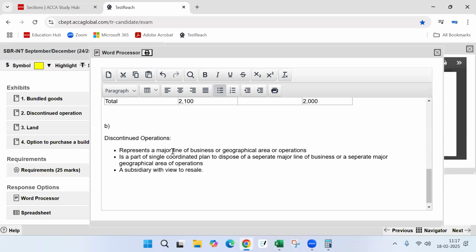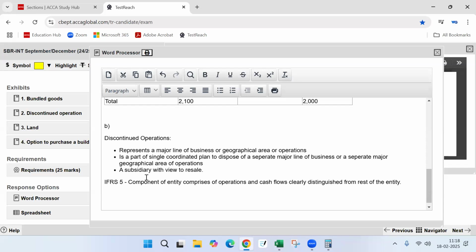So you need to explain each element over here by linking it with the license. As per IFRS 5, a component of an entity comprises operations and cash flows which are clearly distinguished from the rest of the entity.